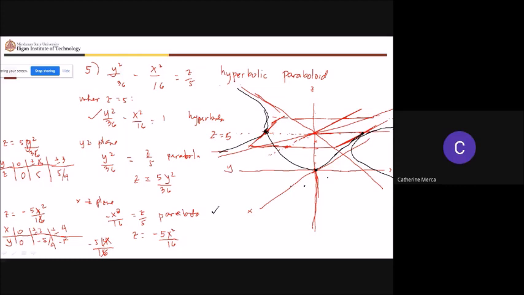So you will have this parabola which opens downward.